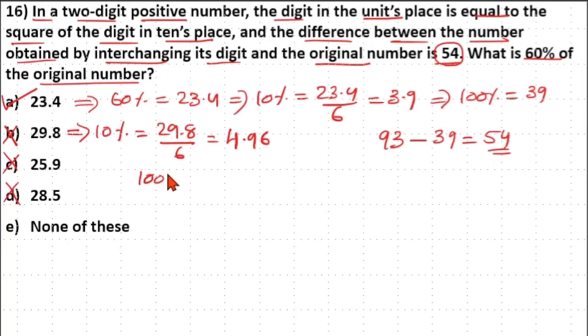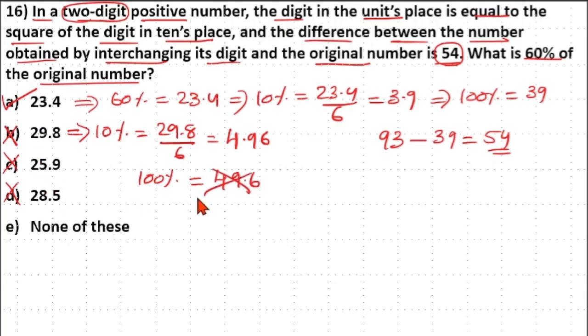And 100% will be 49.6. But the question clearly says it is a 2-digit number, and all these three give you a decimal point. So options B, C, D are wrong because none are divisible by 6.